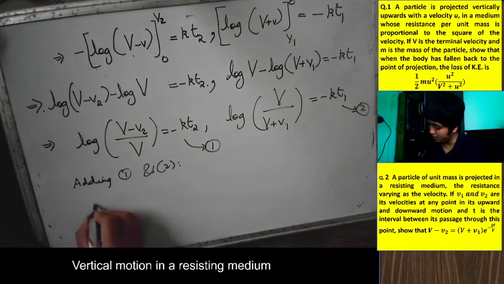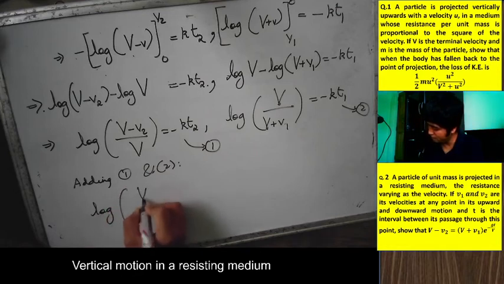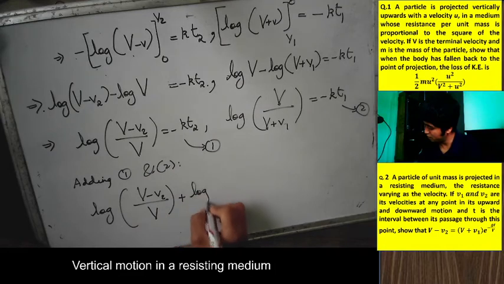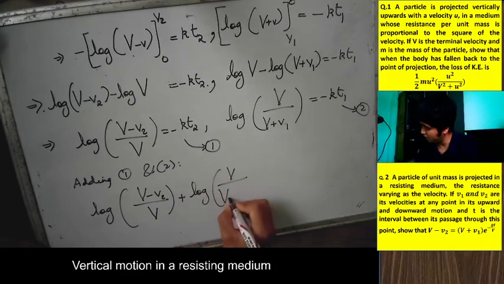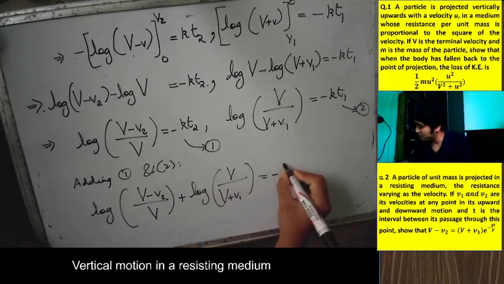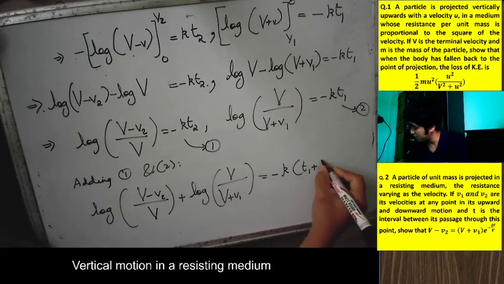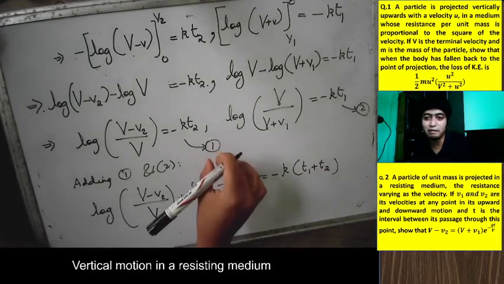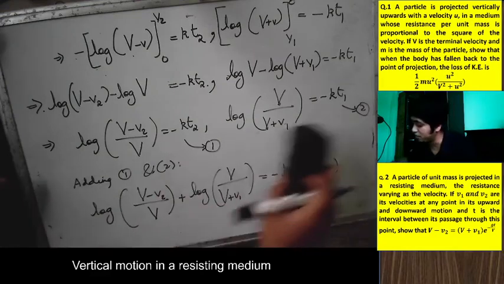If we add, we will be having this one plus log V equal to minus k (t1 plus t2).